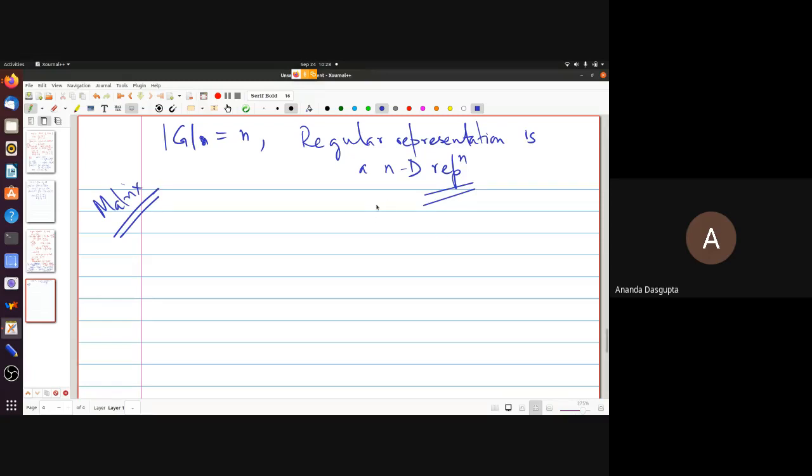That is, if you had defined some L tilde G acting on V to be VG, this would not work. That's easy to see, right? But if you had defined L double tilde G acting on V to be GV, this at least will be a homomorphism.